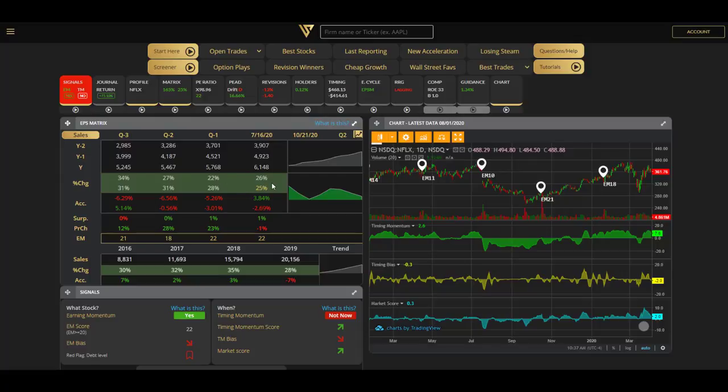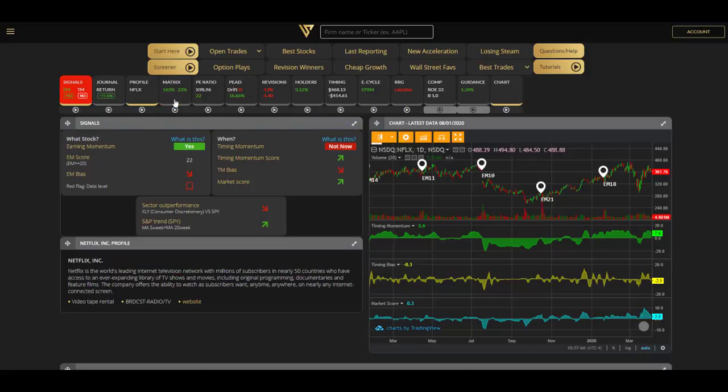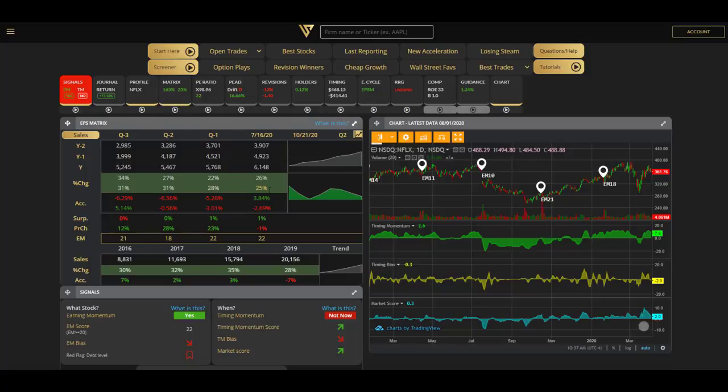So very high growth stocks and declining acceleration. So that's really valuable. You have the same thing on a yearly basis here. You have the surprise numbers and the price change for the actual quarter. Okay, so that is maybe the crux of the site, monitoring the earnings.